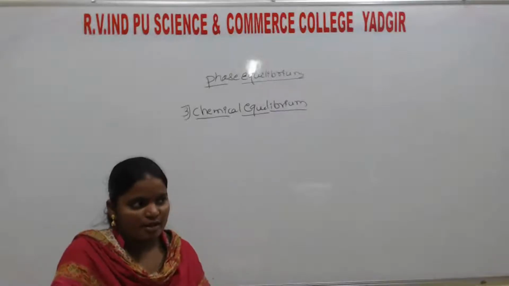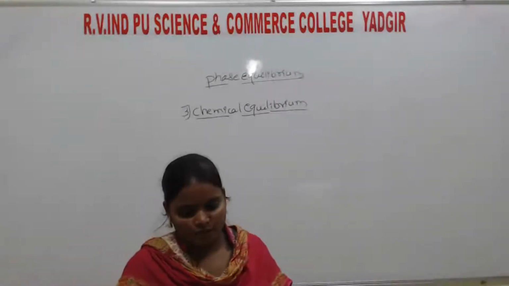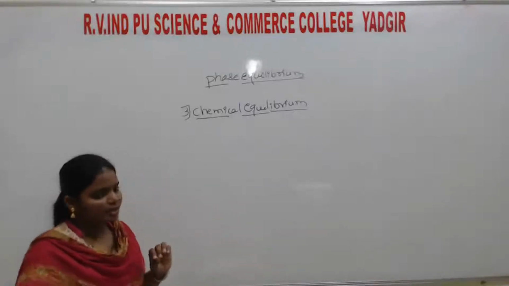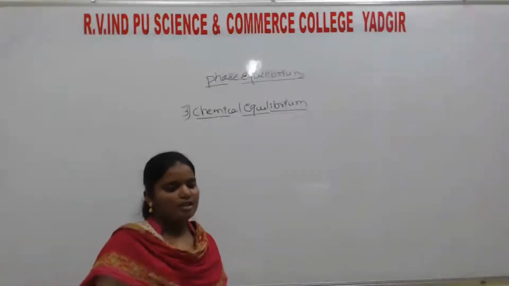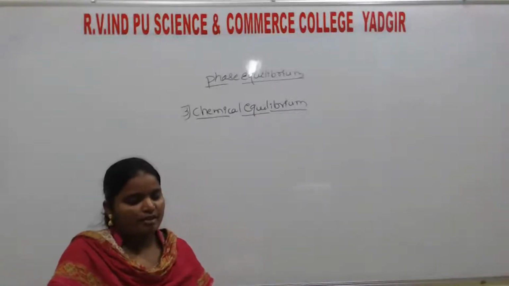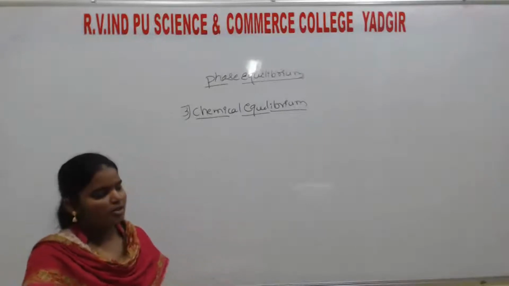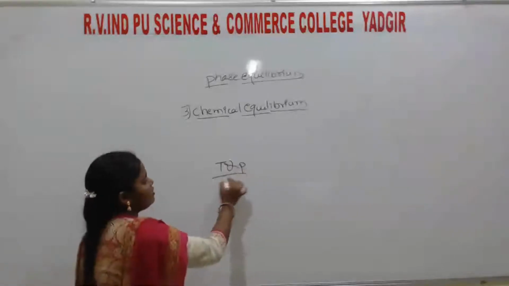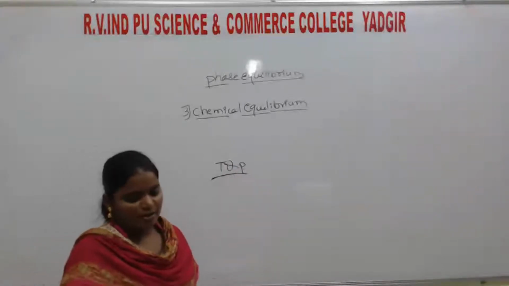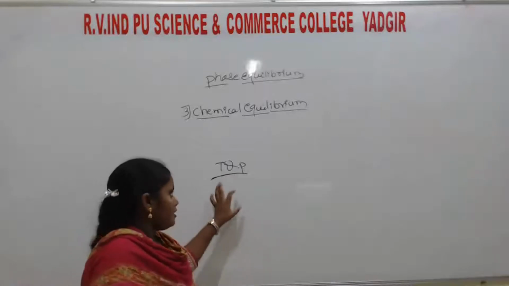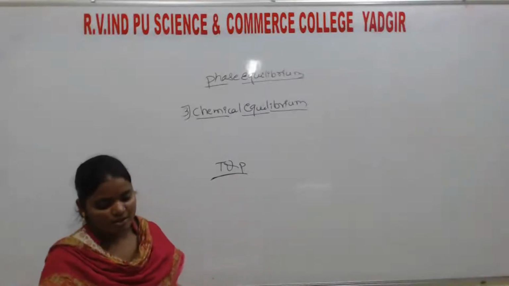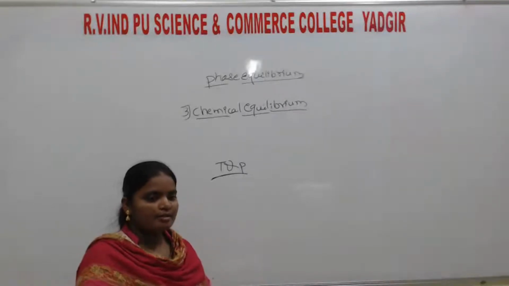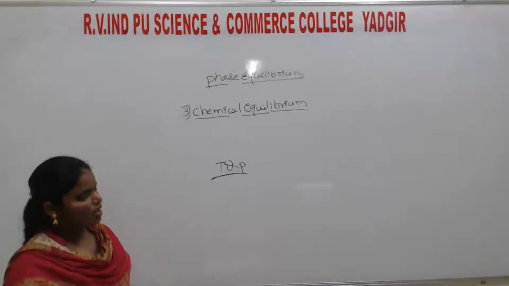In this chemical equilibrium, the chemical potential is the change in free energy which takes place at constant temperature and constant pressure, when one mole of component is transferred from one phase to another phase.